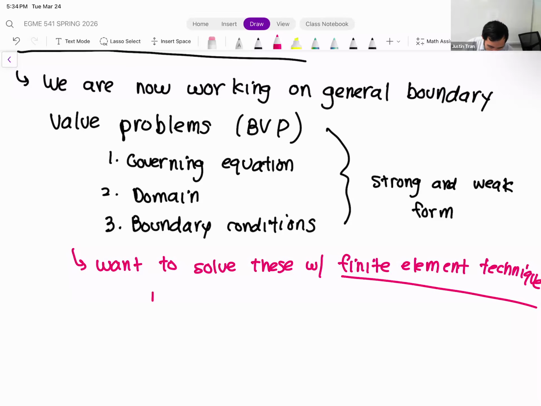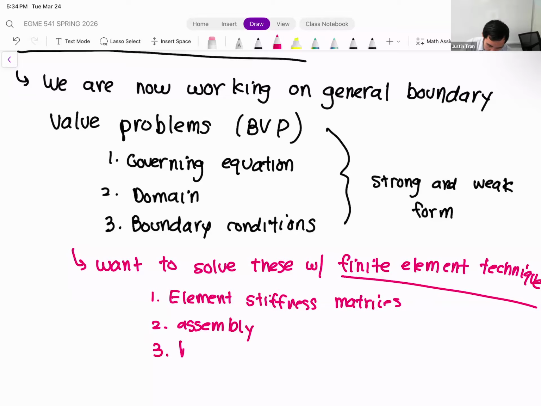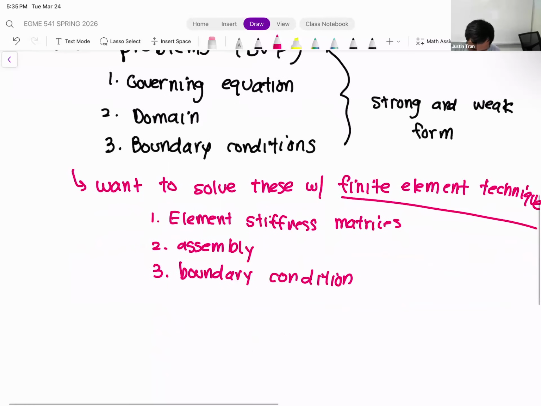That involves element stiffness matrices, assembly, and boundary conditions, all leading up to the use of a large linear system of equations.